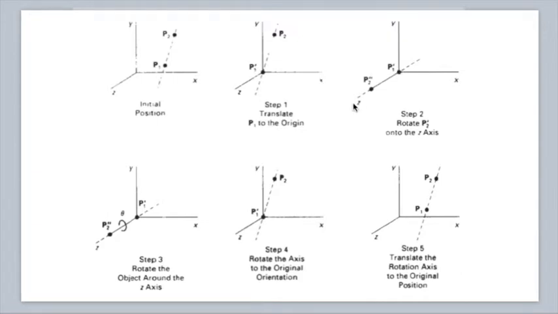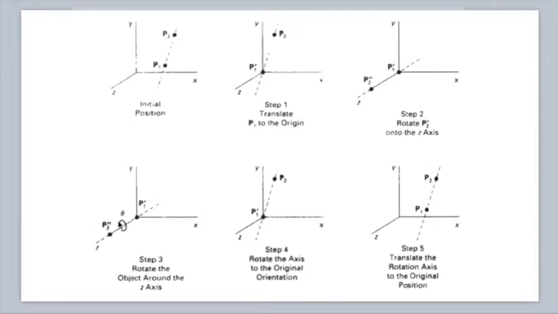Since here we have coincided the rotation axis with the z axis, the object should be rotated around the z axis. So if here is an object, you have to rotate it about the z axis. You can use the equation to rotate it about the coordinate axis z. So the object will be rotated here.